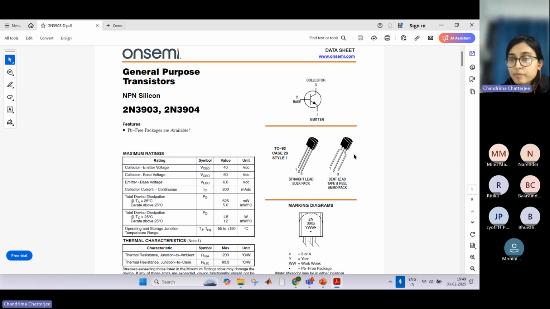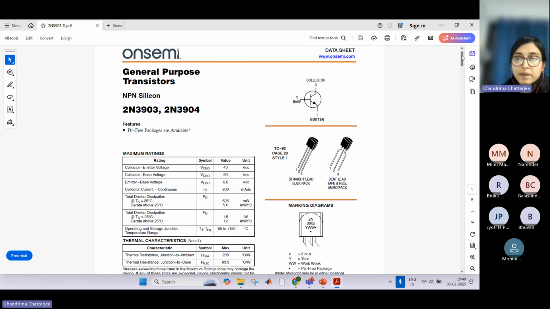There are two kinds of packaging, one with bent leads, another like this. One is emitter, two is base, and three is collector. When you get the actual device, you can identify which terminal is which.